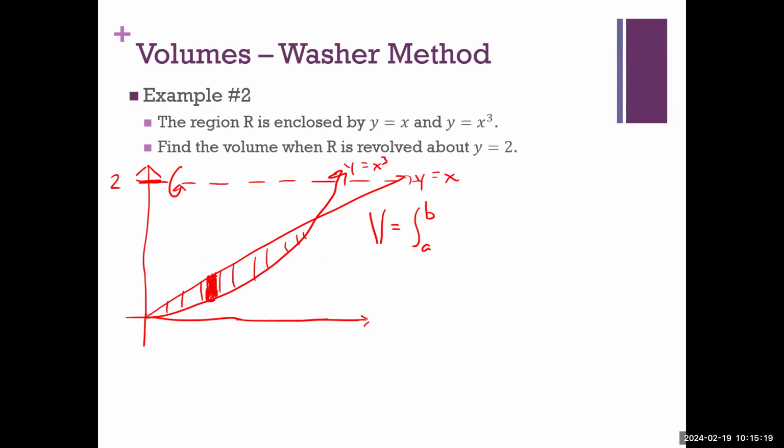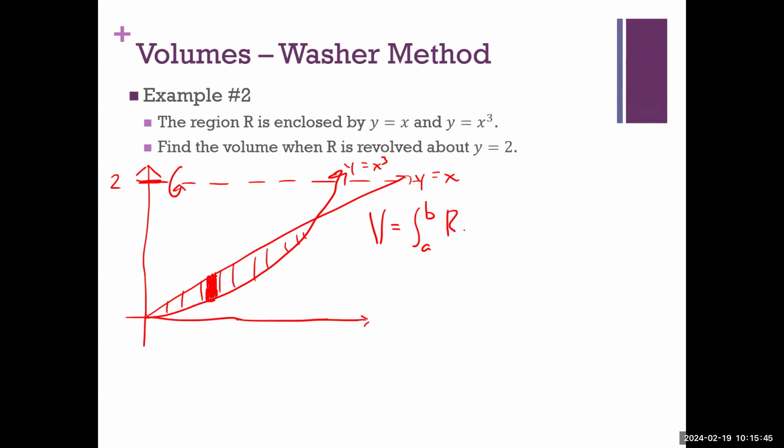By the way, I totally glossed over this, but I drew a dx rectangle. Is that appropriate for the line that I want to rotate this over? Okay, so that's going to make a disk. Well, we haven't really talked about what the alternative is, but if I want to revolve around a horizontal line, I need to be setting this up in terms of x, which I'm about to do.